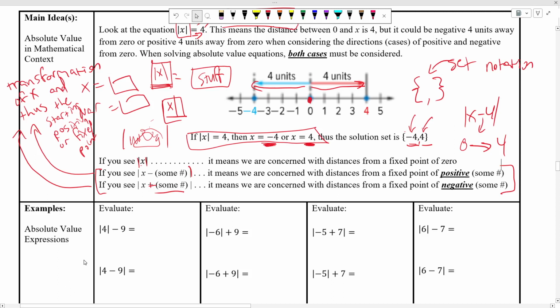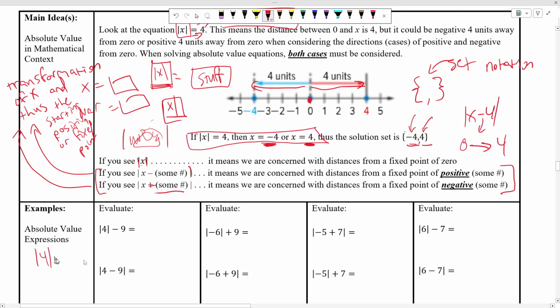But I want to say, before we even get started here, I can sort of summarize a lot of what I'm going to say in saying this. When you have stuff in the middle of absolute value bars, whether it's a number, whether it's a variable, whether it's whatever, let's say in this case, since we're working with expressions here, a number.